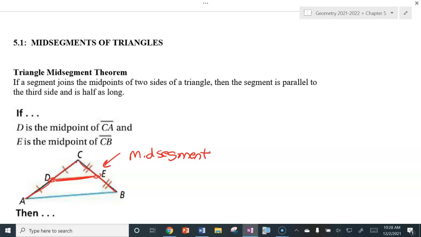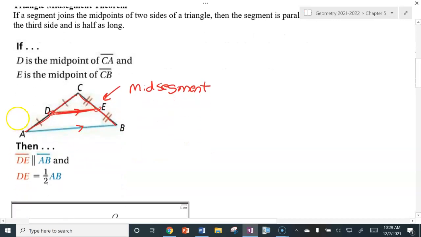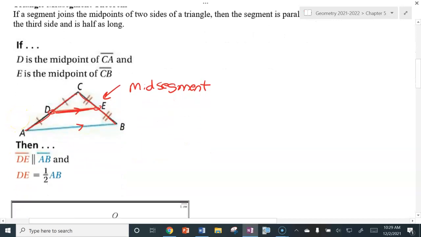And also, this third side that we just made, line segment DE, is going to be parallel with line segment AB. And the length of DE is going to be 1/2 the length of AB.